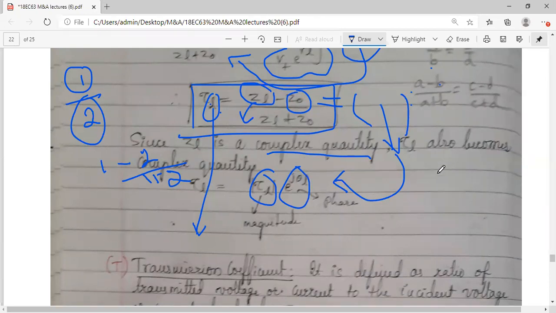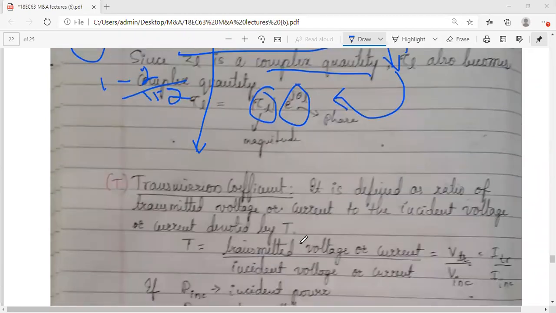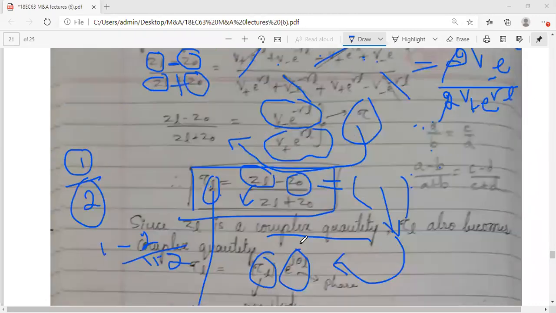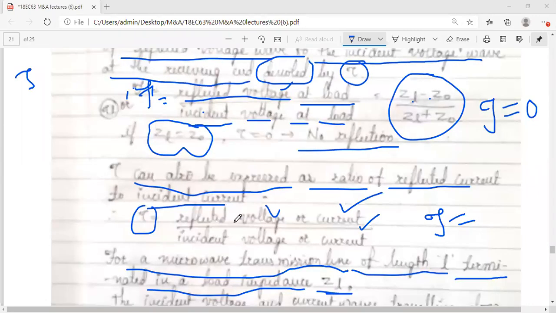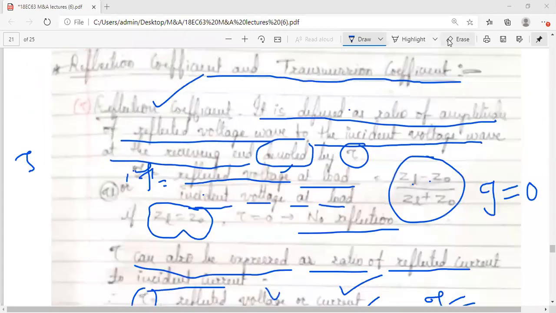So let us now discuss the transmission coefficient. Till now we discussed the reflection coefficient. Now we are moving to the transmission coefficient. It is just the reverse. In the reflection coefficient, we took the ratio of reflected wave by incident wave.